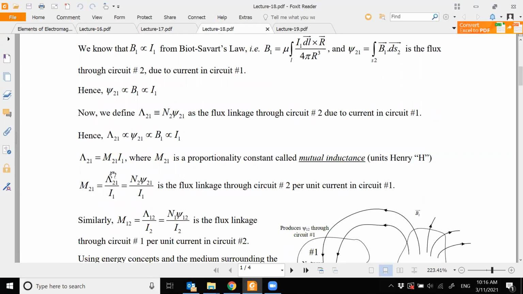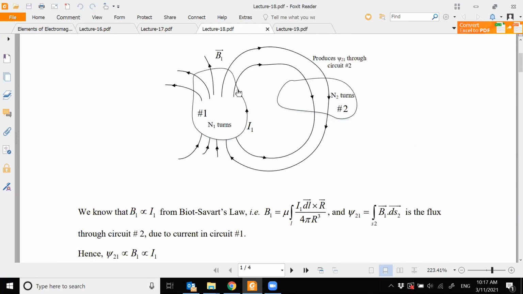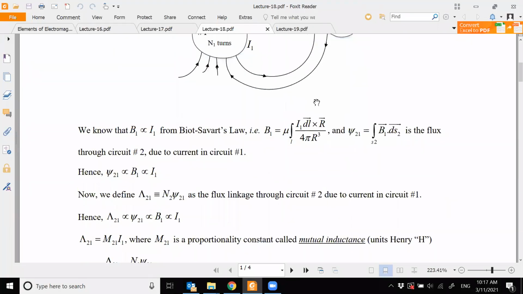This is the mutual inductance in loop 2 due to loop 1, due to the current passing in loop 1. This is the expression. So this is the argument when the current is flowing in I1 and we are experiencing the effect in loop 2.